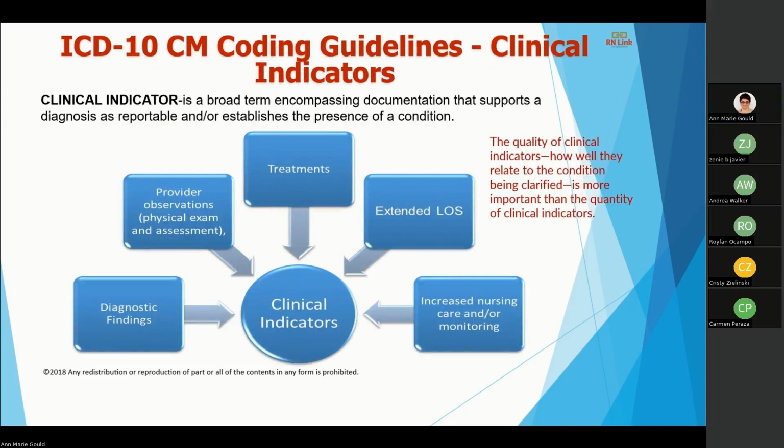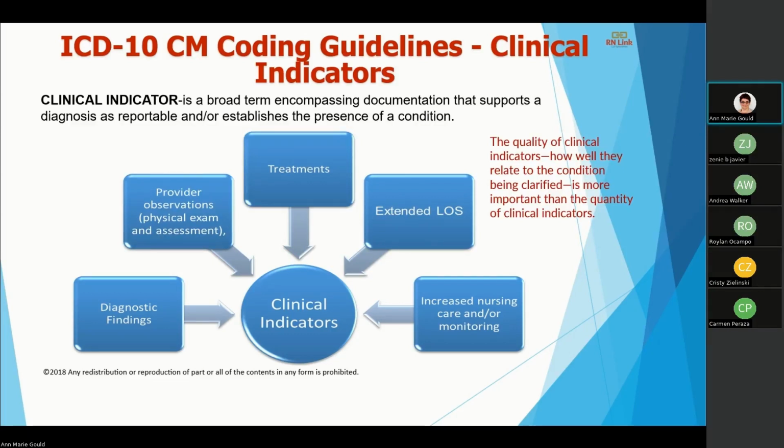So when it comes to clinical indicators, ICD-10-CM coding guidelines state that clinical indicator is a broad term encompassing documentation that supports diagnoses as reportable and/or establishes the presence of a condition.